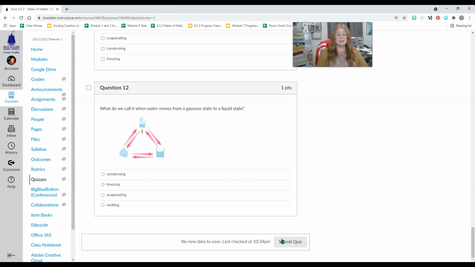And it should automatically give you a score out of 12. If you got 11 or 12 points, you're automatically at a 3. If you have 8, 9, or 10 points correct, that's a 2.5. If you have 6 or 7 points, that is a 2. 4 and 5 points is a 1.5.